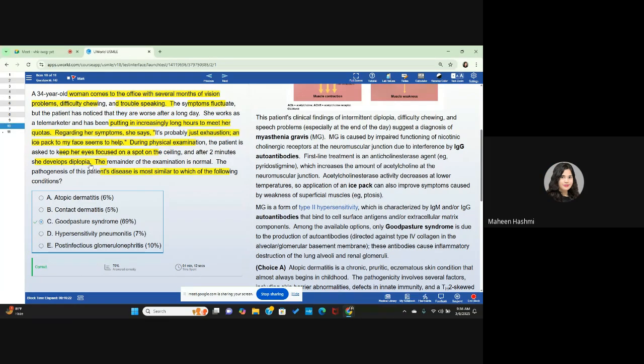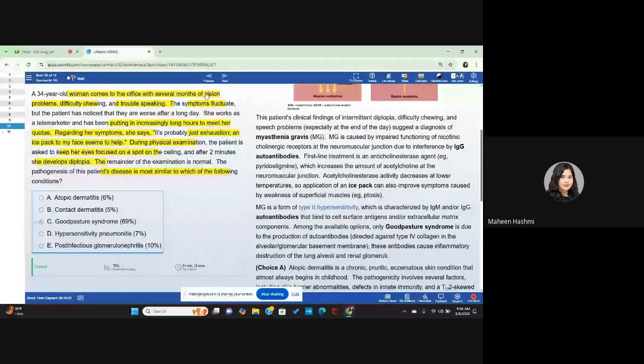Also Lambert-Eaton syndrome. You may see diplopia in Lambert-Eaton syndrome, but the main difference is that proximal muscle weakness occurs first in Lambert-Eaton. You have absent DTRs along with that, and you also have diplopia. In myasthenia gravis, you do also have muscle weakness, but it's the pattern that's happening first.